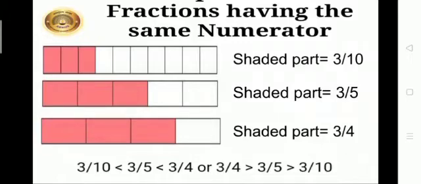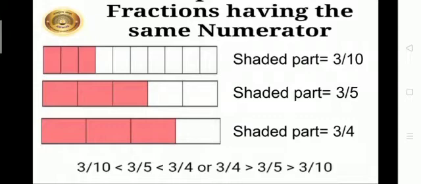And in the second strip, 3 parts out of 5 are shaded, so the fraction of the shaded part is 3 by 5. In the third strip, 3 parts out of 4 are shaded. The fraction of shaded part is 3 by 4.